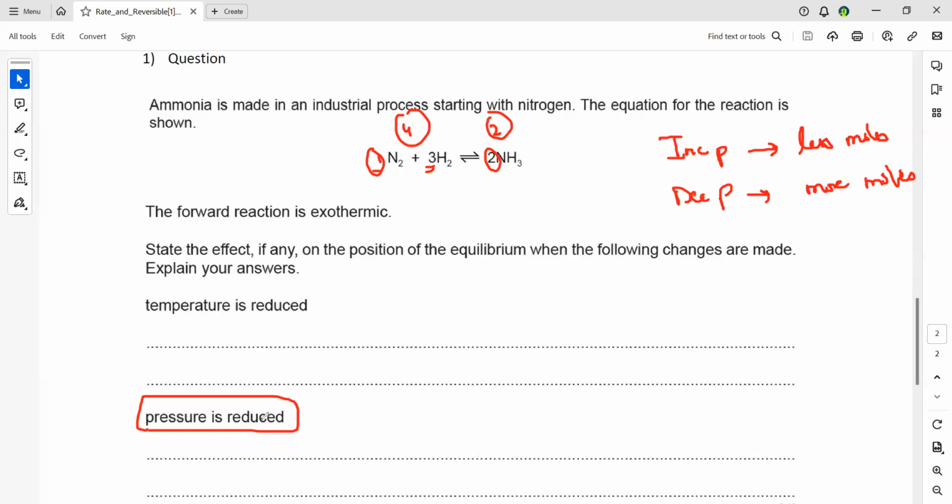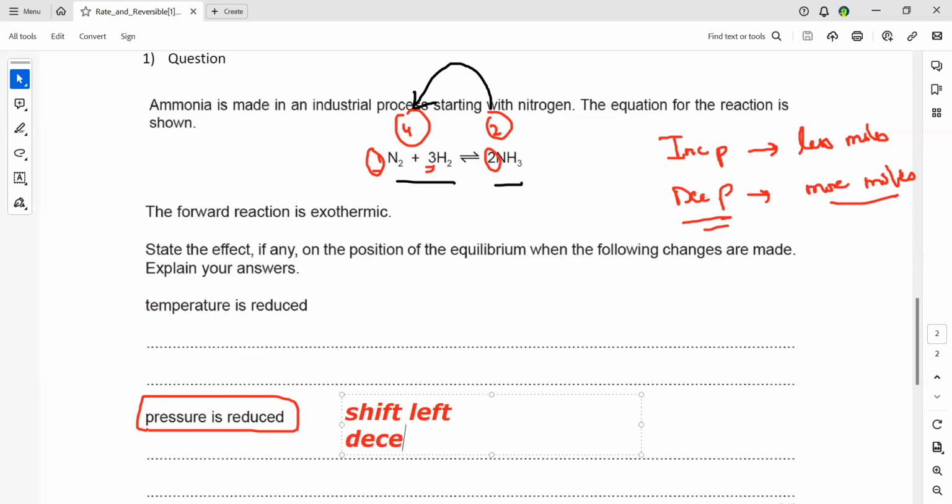So what we are doing is reducing the pressure. If we decrease the pressure, the equilibrium will shift towards the side of more moles. Which side has more moles? The reactant side, the left side, has more moles. So the equilibrium will shift towards the left.